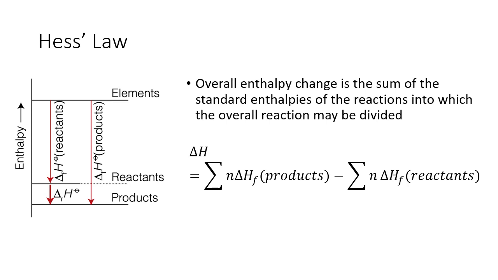When you flip a heat of formation equation, just like we did before, we have to flip the sign of the equation. So therefore, delta H is equal to the sum of the contribution from each of the products minus the sum of the contribution from each of the reactants. And again, that's because you have to flip the heat of formation equation to get what you're looking for in a reactant.